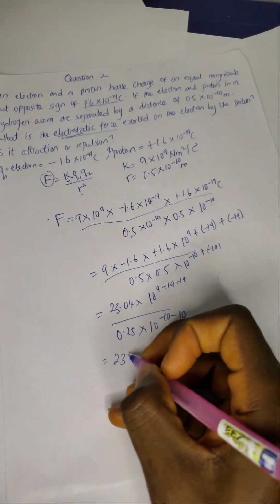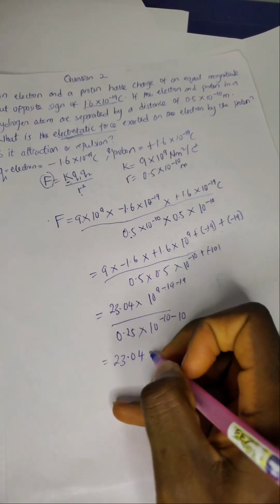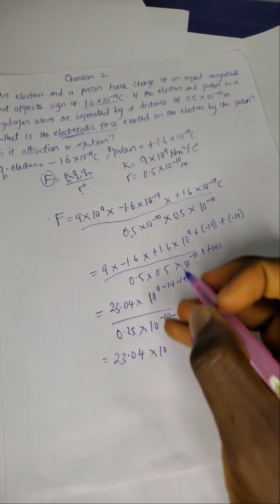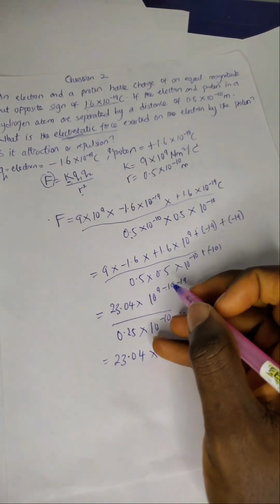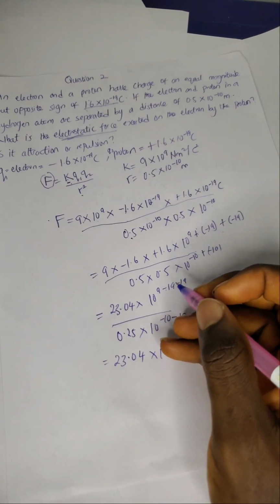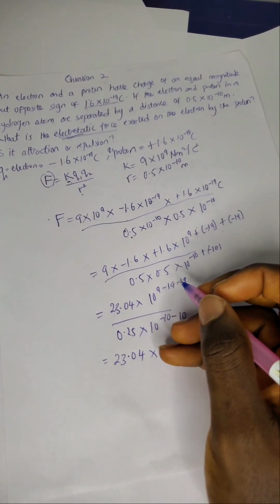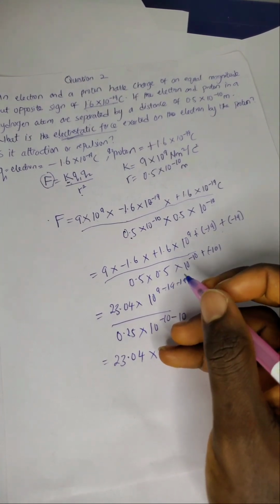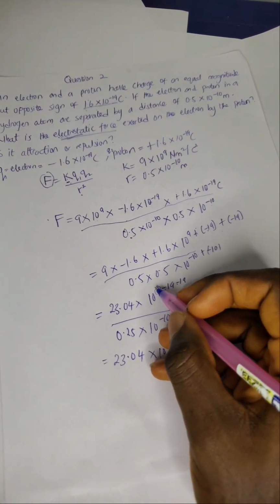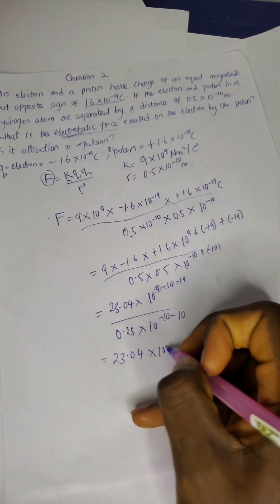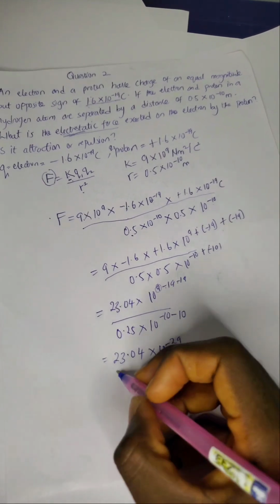So let's solve our power. Minus 19 minus 19: you're owing 19 and you're still owing 19, that is minus 38. And you pay off 9 out of minus 38, so you are still owing minus 29.